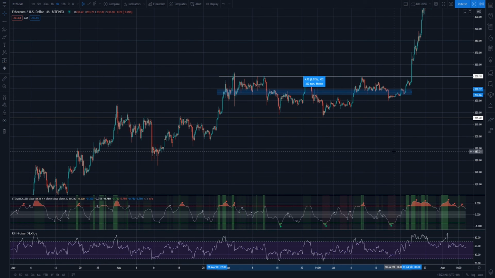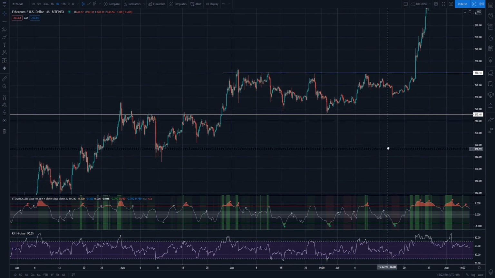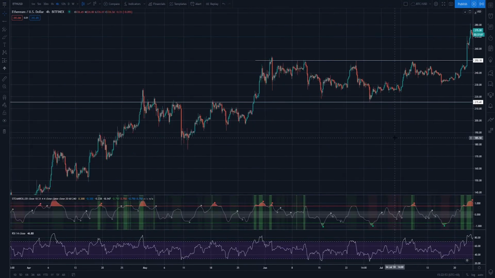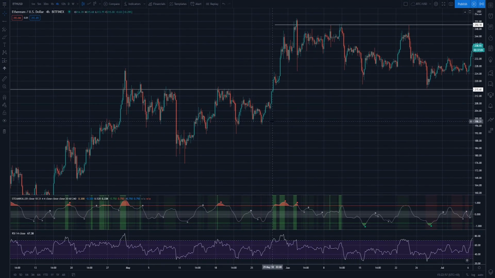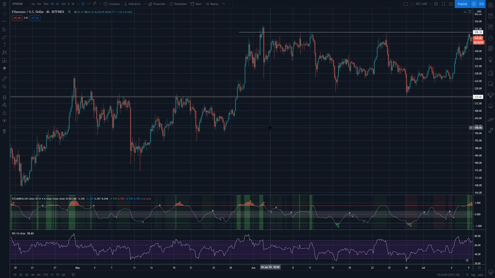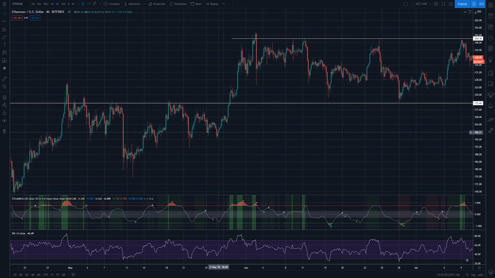Are there any other takeaways that you would like to add to this before we wrap up this horizontal support resistance video? It's very, very interesting that you mentioned using something like RSI and or even Steamroller to gauge the strength of a resistance or of a move when you're coming up to a resistance level.